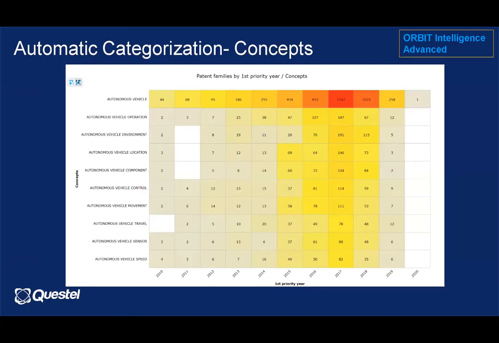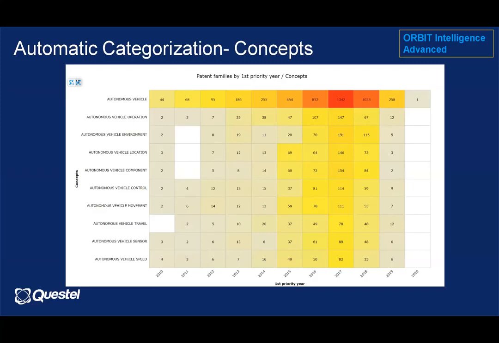There is also something known as automatic categorization, which is available in the Orbit Intelligence Advanced module. In landscape analysis, most of the time what we focus on is categorizing our patent documents in a particular domain or a particular taxonomy.